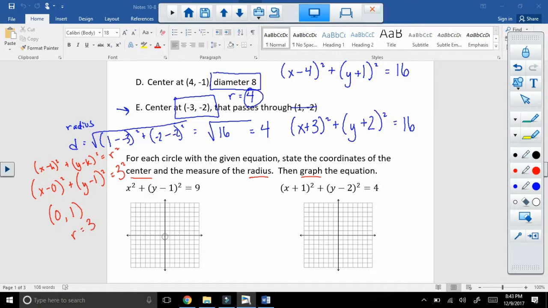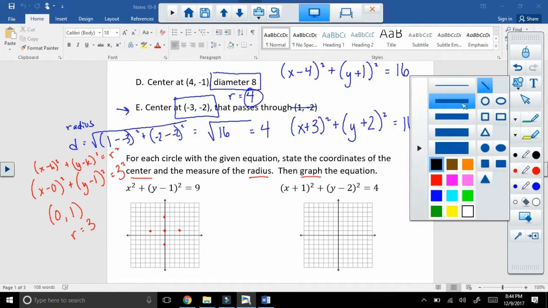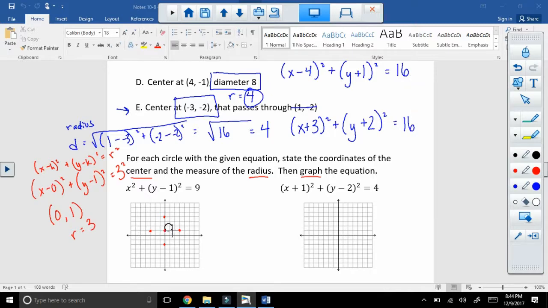So what you're going to do is go to 0, 1. And if the radius is 3, that means 3 in every direction. You can't really go 3 diagonally without doing a little more work. Then you can grab a compass and draw in that circle. So starting from the center, whoops, this is not going to be right.